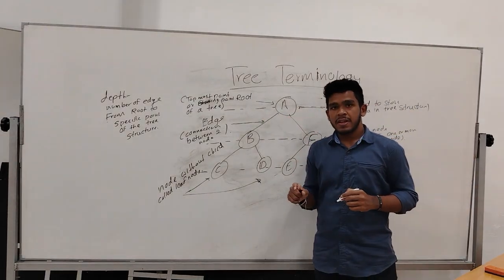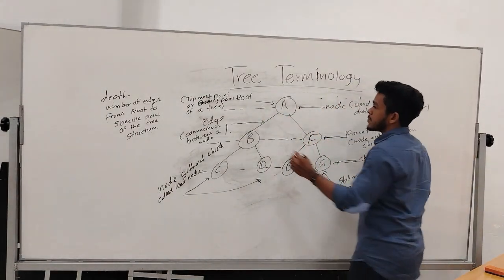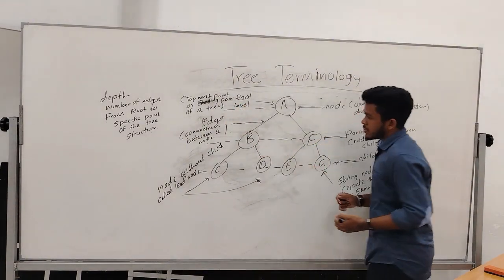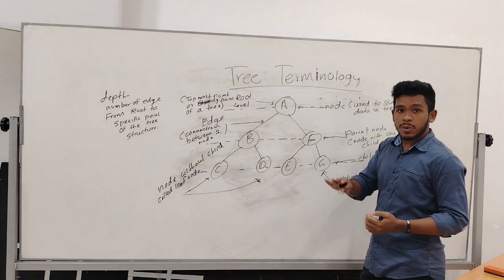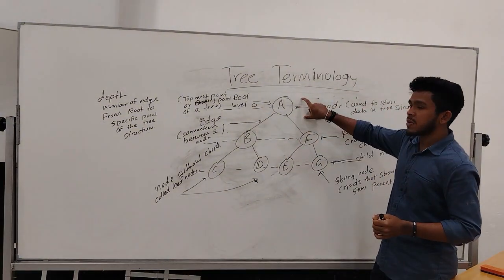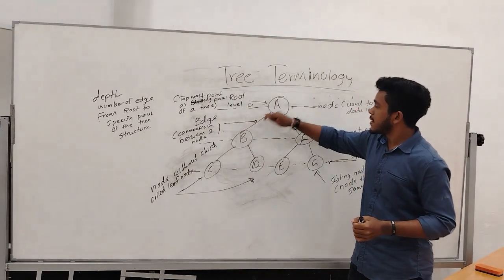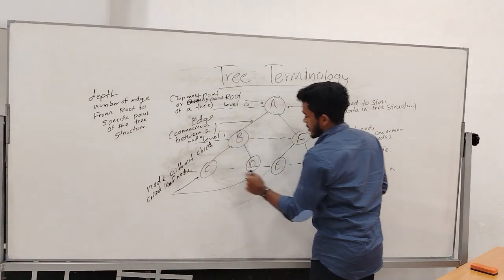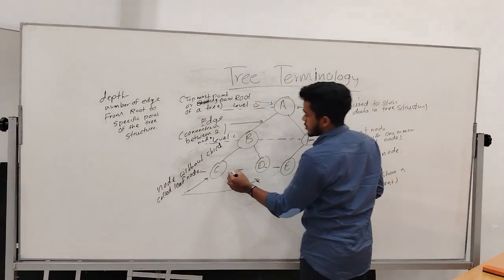So each level is named from 0 and continues. So this is the initial or starting point, so the level is 0. The next level is 1, and the final is level 2.